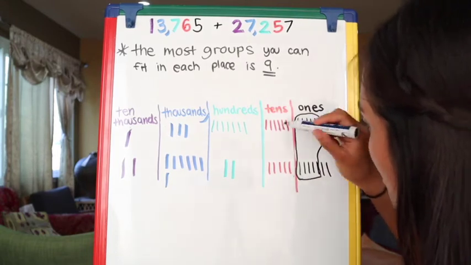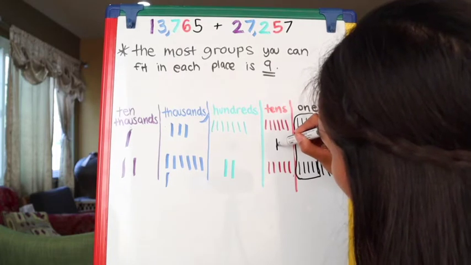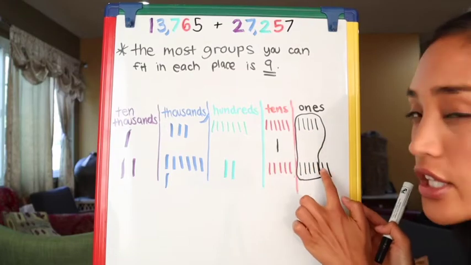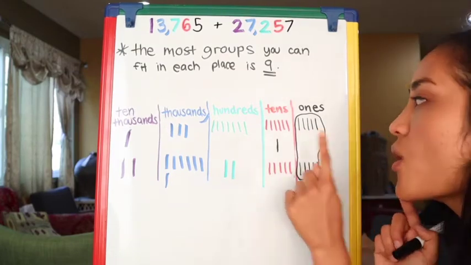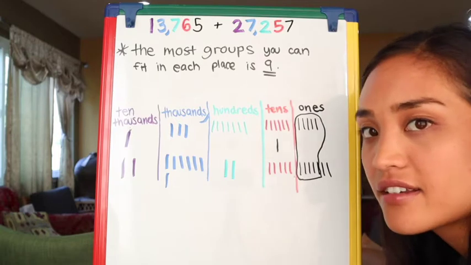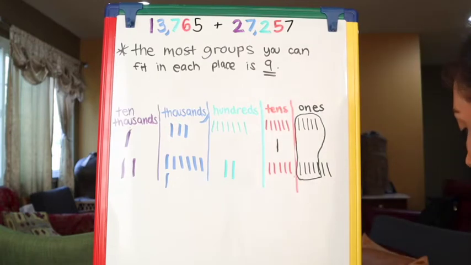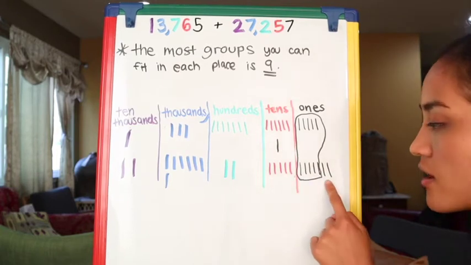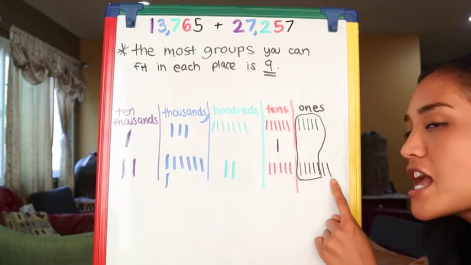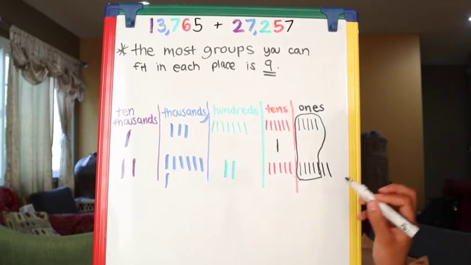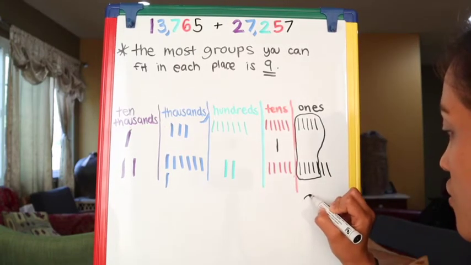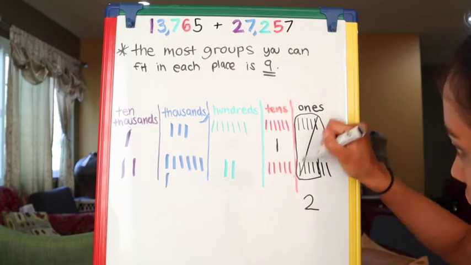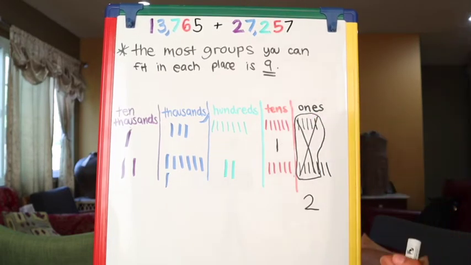So this group right here, I'm moving it over here because 10 little ones equals one group of 10. That makes sense. So what are we left with after we move them over? Let's count. 1 and 2. 2 groups of 1. So I can write 2 right over here because I moved these over.